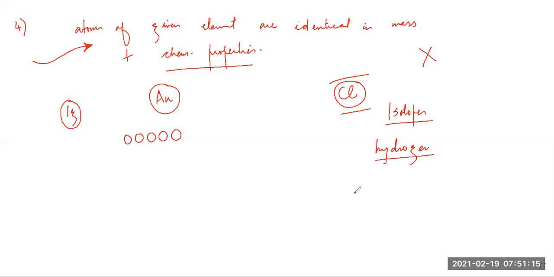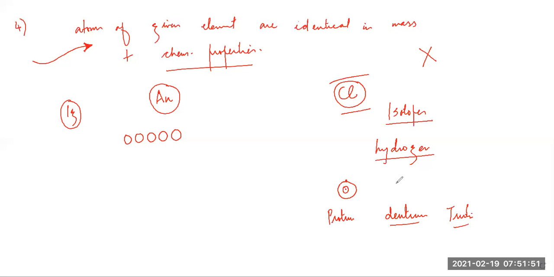As such, if I take an atom of hydrogen, this is the nucleus of hydrogen, this is the orbit. In this orbit, we have one electron and we have one proton here, right? But then there is a different isotope of hydrogen known as protium. And then we have deuterium, and then we have tritium, another isotope of hydrogen.